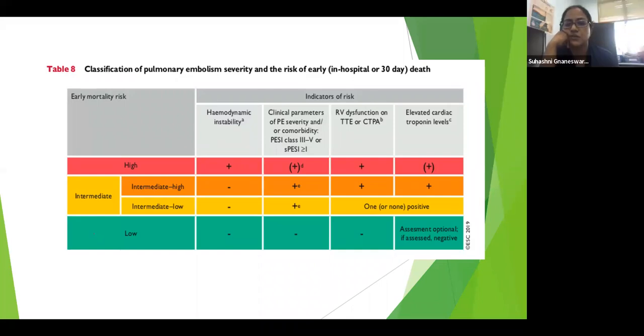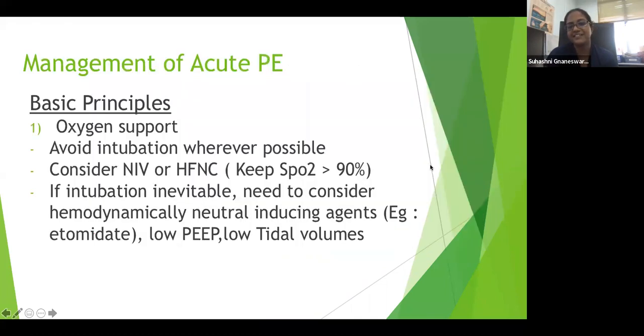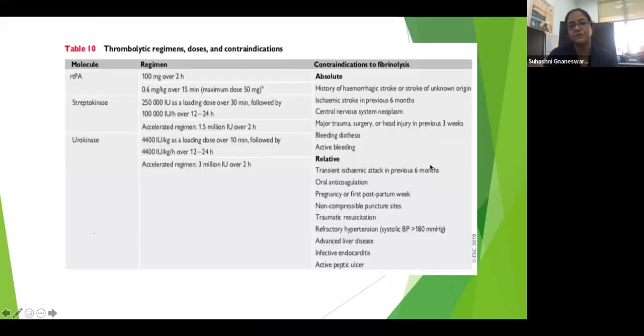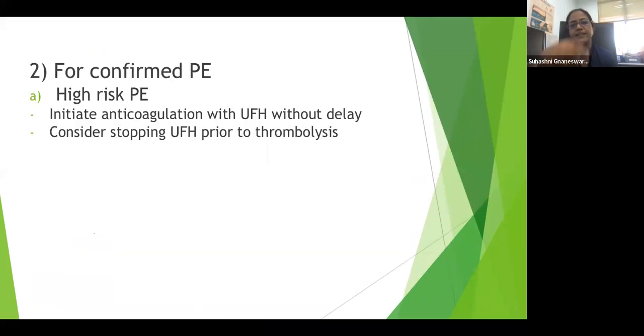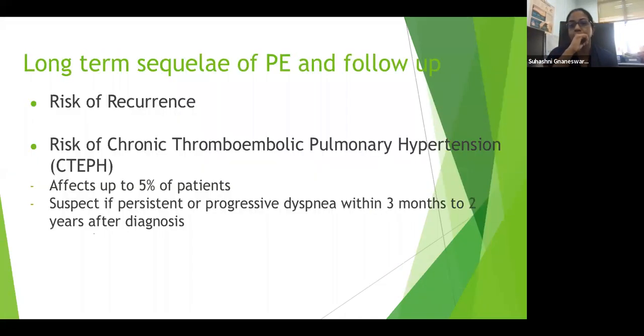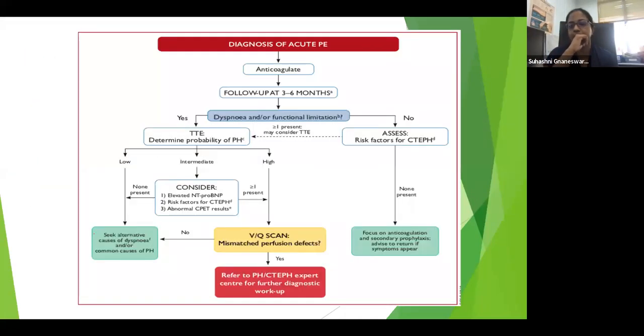I don't think so. I think once you've completed the period of 3 months, but I do caution, Ashwin, there is another slide that you have. So according to guidelines, most of the time, once we have anticoagulated them, then we don't really repeat the CTPA unless there is a suspicion.